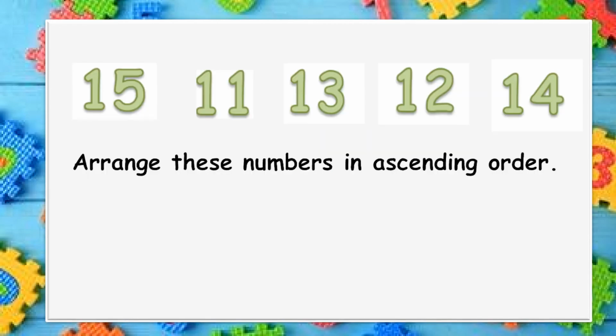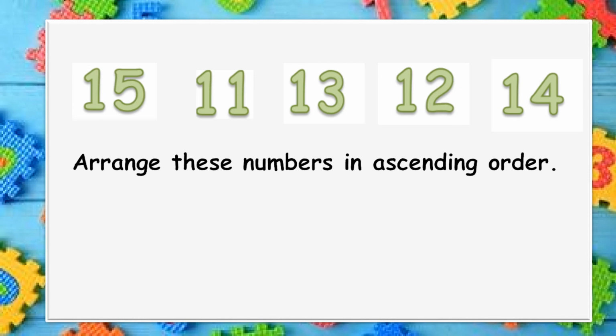Now, we need to arrange these numbers in ascending order. So look at these numbers. We have 15, 11, 13, 12, 14. Ascending order means arranging numbers from small to big. Which number is smaller here? Yes, you're right. It's 11.